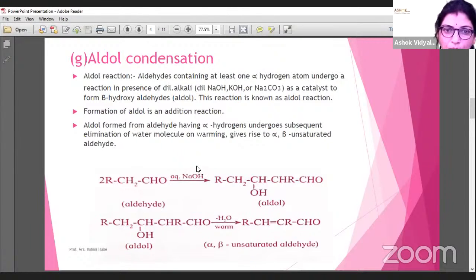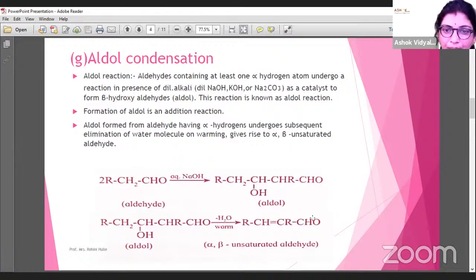These are the dilute alkalis. The dilute alkali acts as a catalyst, means it does not take part in the reaction, but the rate of reaction increases. It forms beta hydroxyaldehyde.